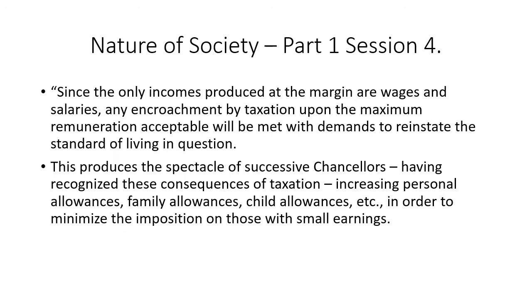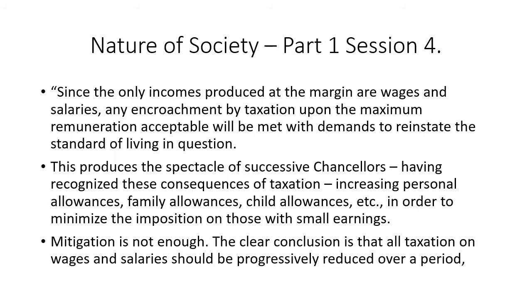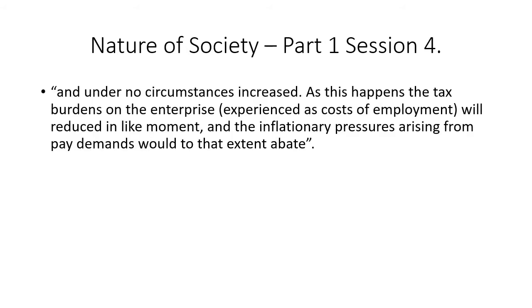This produces the spectacle of successive chancellors, having recognized these consequences of taxation, increasing personal allowances, family allowances, child allowances, etc., in order to minimize the imposition on those with small earnings. Mitigation is not enough. The clear conclusion is that all taxation on wages and salaries should be progressively reduced over a period, and under no circumstances increased.